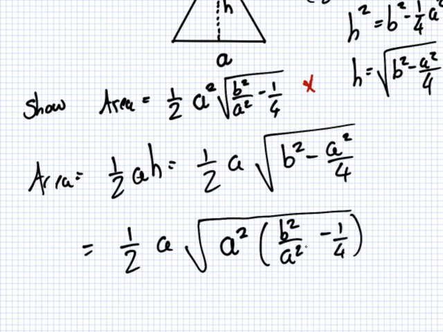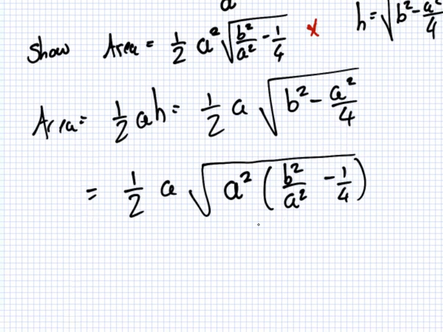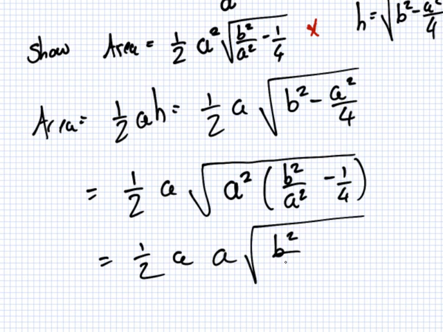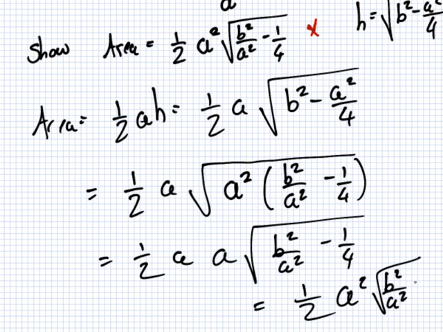Because if I multiply these together, I do get back to that. Well, because this is a half a, and what's root a squared? A. B squared over a squared minus 1 over 4. That's a half a squared root b squared over a squared minus 1 over 4. Ends the proof.